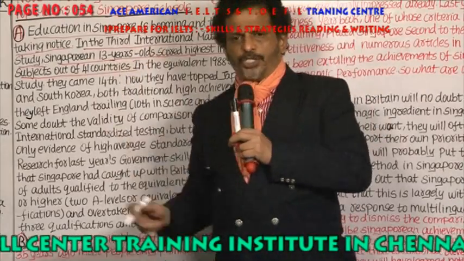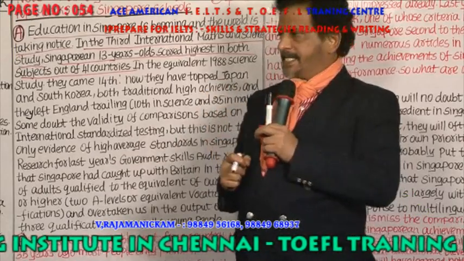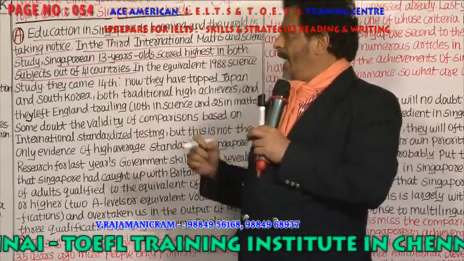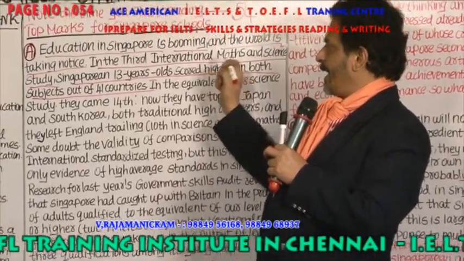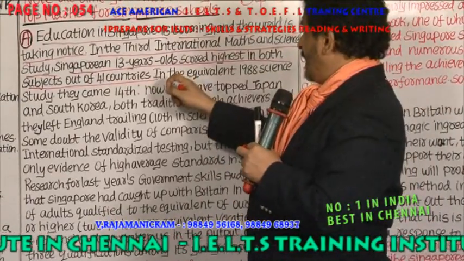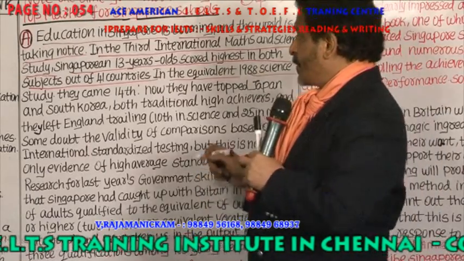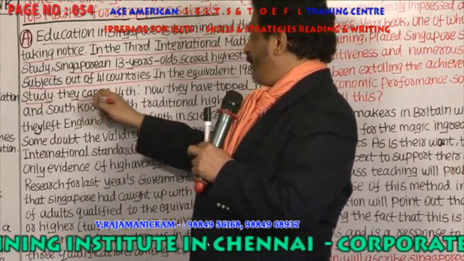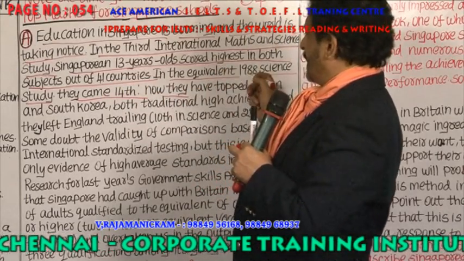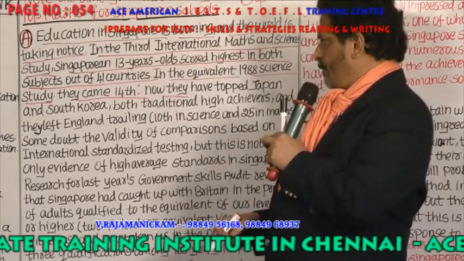So 41 countries took part in a competition for maths and science for people aged 13 years and below, and Singaporeans came first. In the equivalent 1988 science study, they came 14th, but now they came first, internationally number 1.